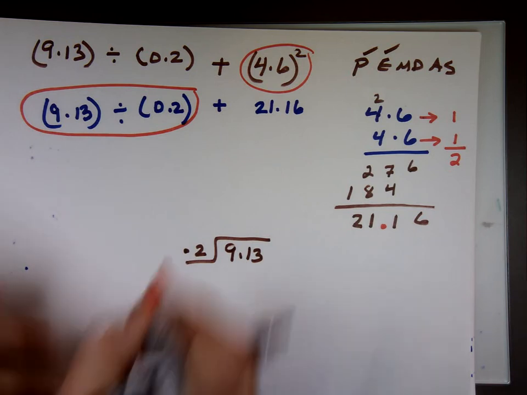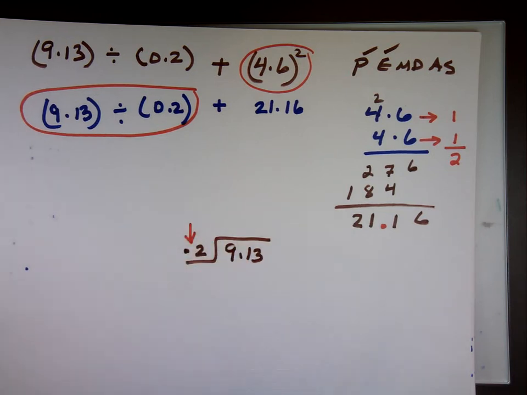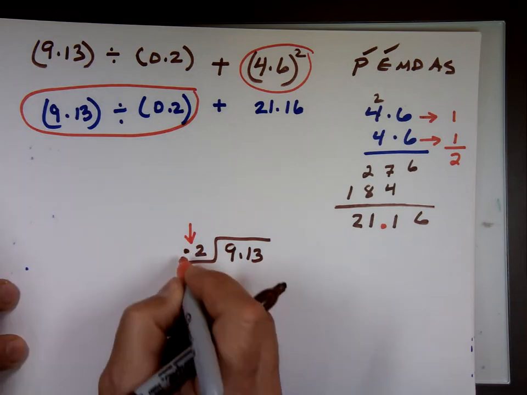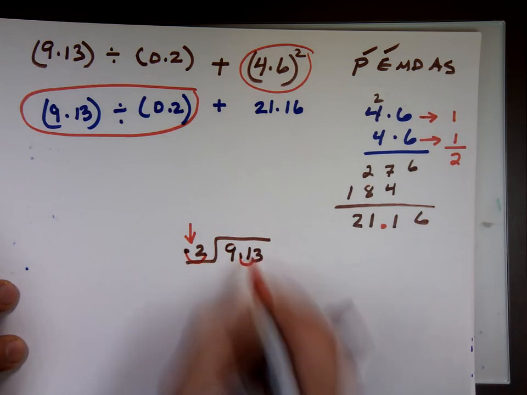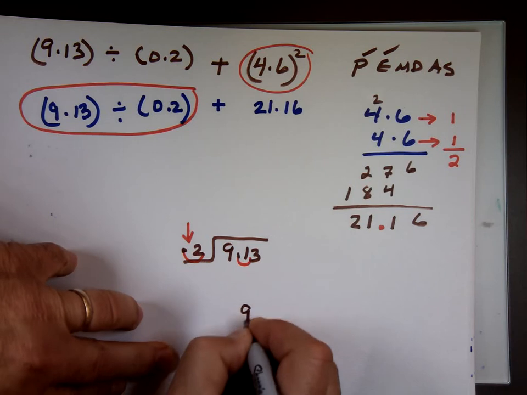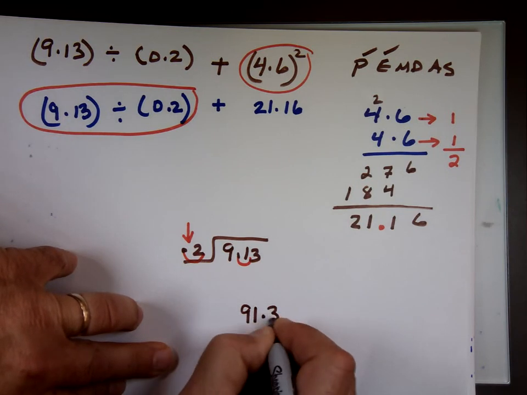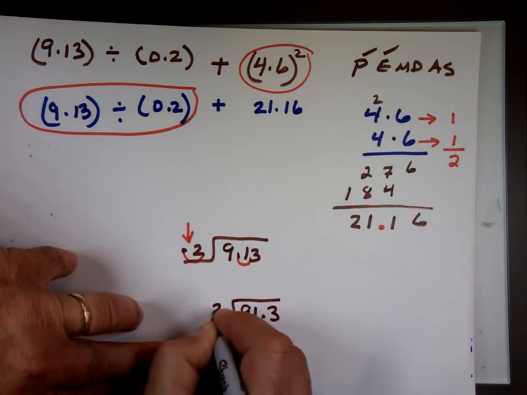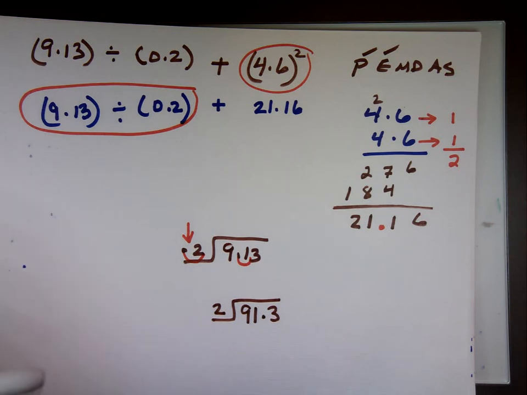You see the problem here. It's not a whole number. Move the decimal point how many places? One. And move this one. So it becomes what? 91.3 divided by 2. Bring that decimal point up here.